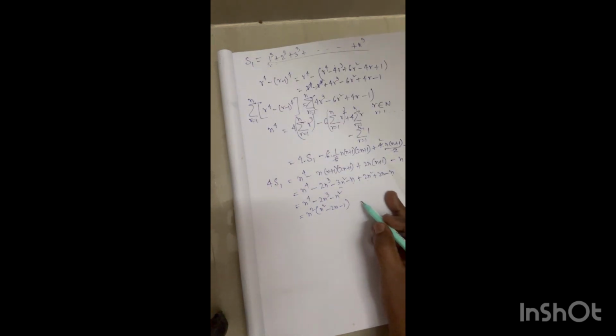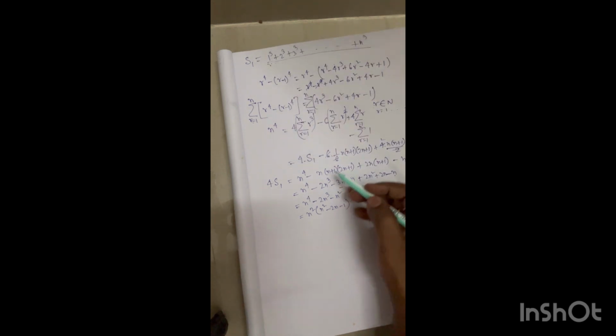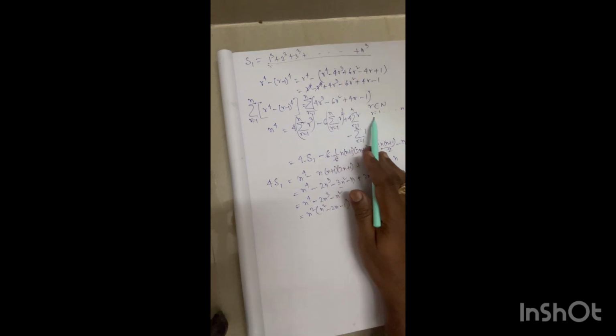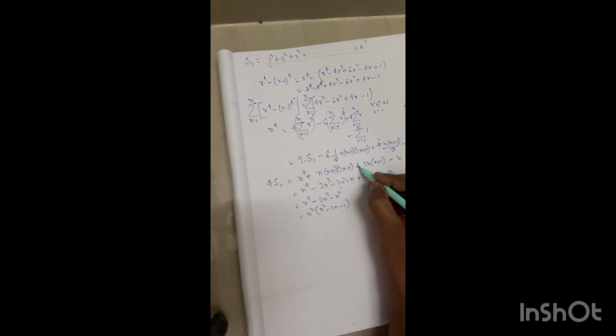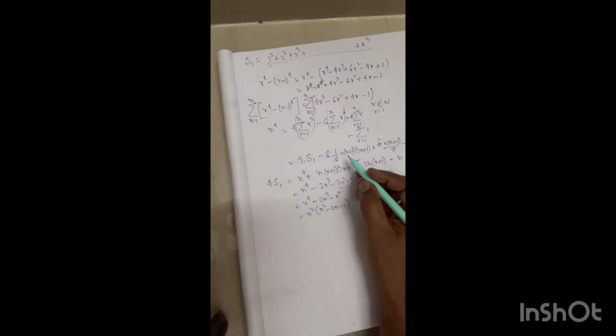So I have made a mistake here. This term was on the other side, so when you take it to the n to the power 4 side, the sign changes. This will be plus and this will be minus.